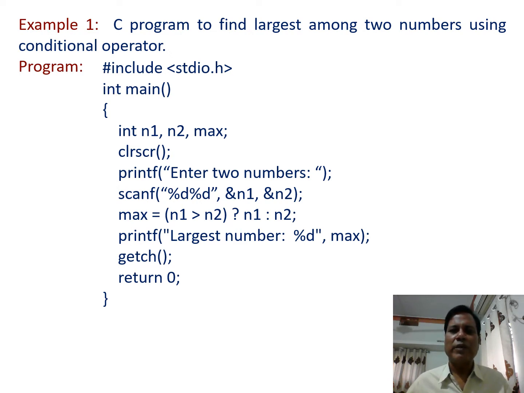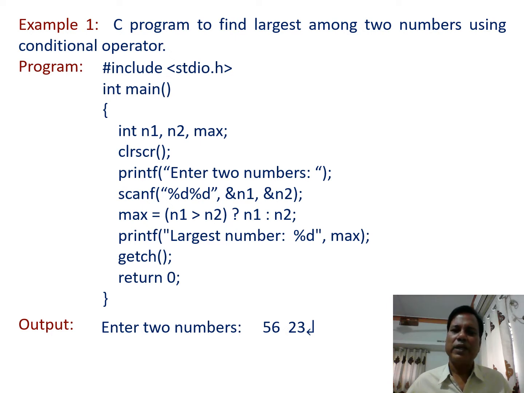Suppose this program is run and we enter two numbers. If the user enters the two numbers 56 and 23 and presses the enter key, these two numbers are taken in by the scanf function and stored in the variables n1 and n2. That is, 56 is stored in n1 and 23 is stored in n2.